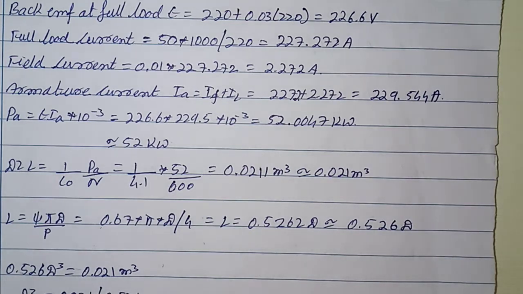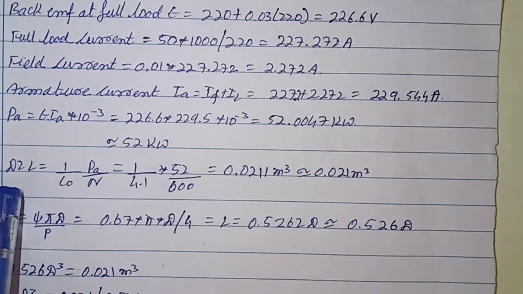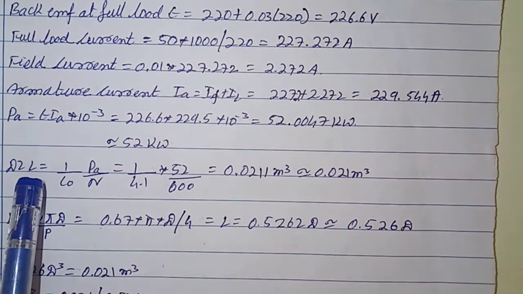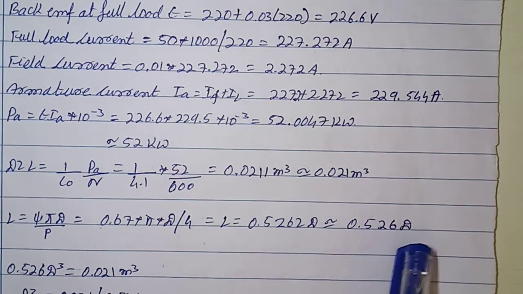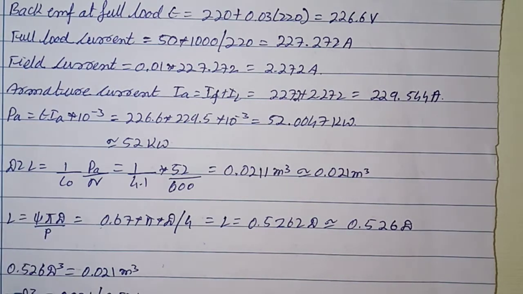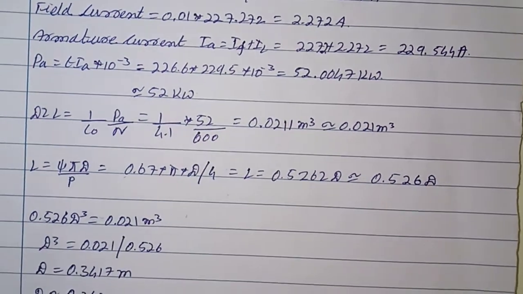Therefore, the value we get is L equal to 0.5262 D, or 0.526 D. Now using this relation in the equation D square L, L equal to 0.526 D into D square, so it is 0.526 D cube, which is equal to 0.021, which is what we have got.